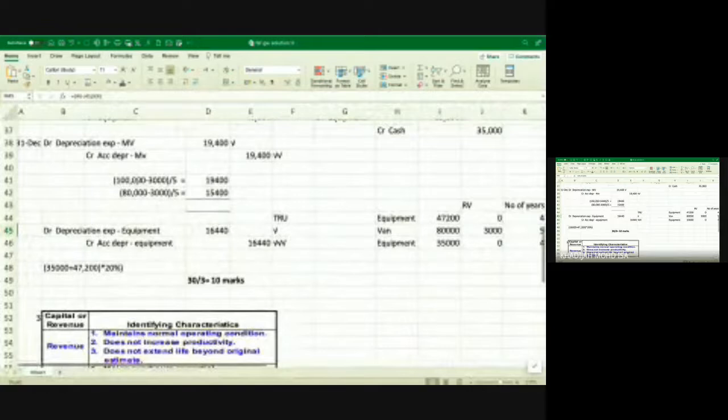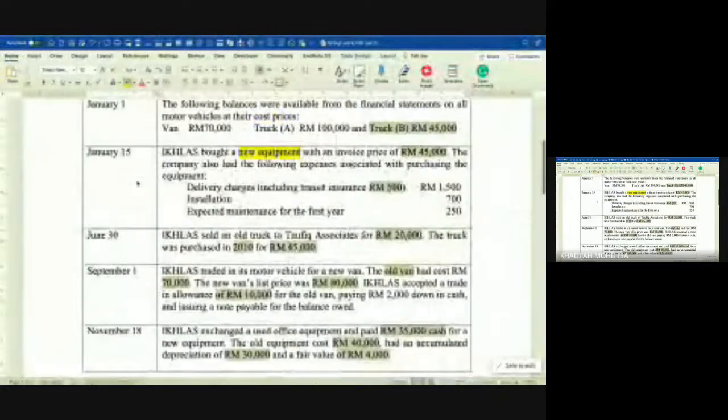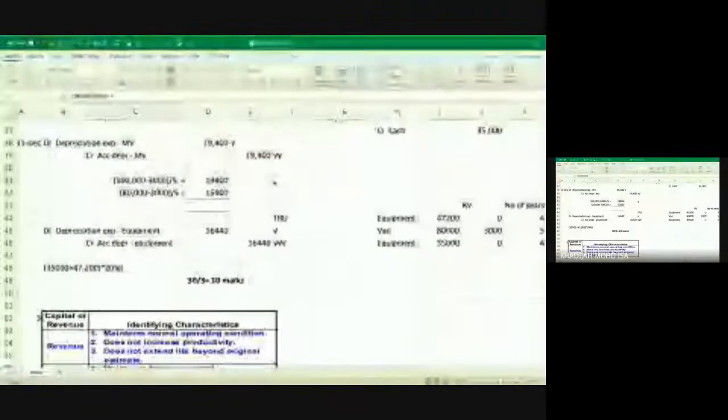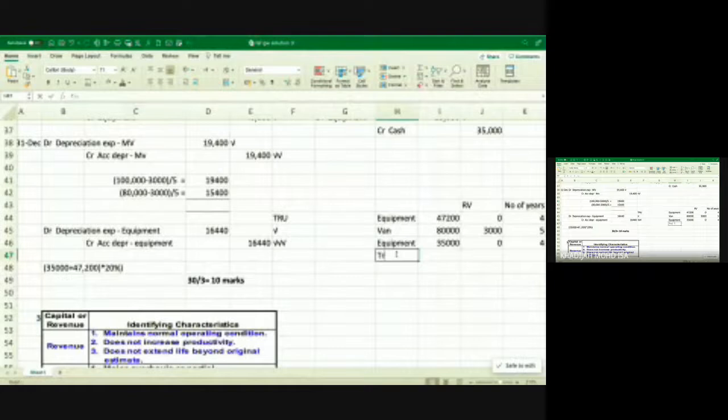Do you still have that 100,000? You still have truck A. Yeah, truck A, you still have that truck A. That costs you 100,000 and 3,000 and 5 years.